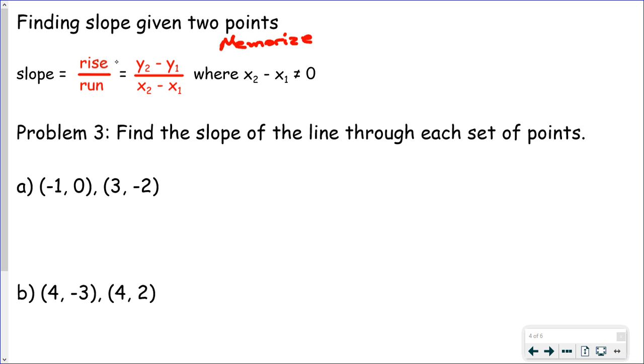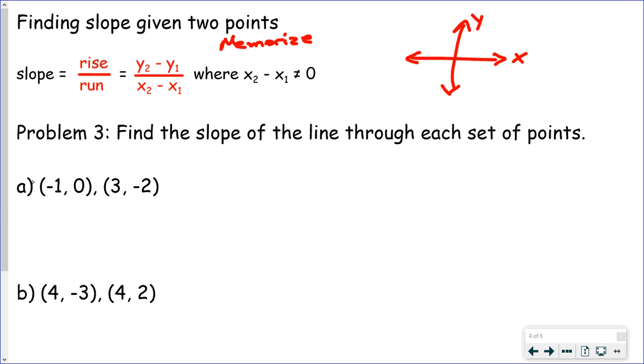So remember, the rise is the vertical change. So that's the change in your y value. So if you think about coordinate plane, this is x-axis, this is y. So change in y is a vertical change. The change in x is a horizontal change.